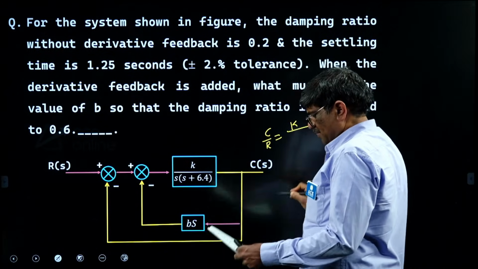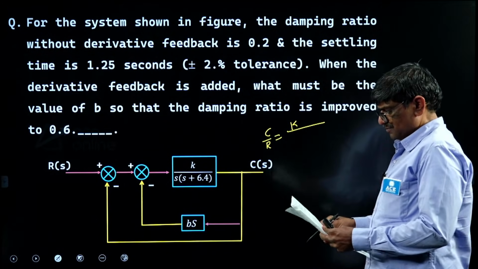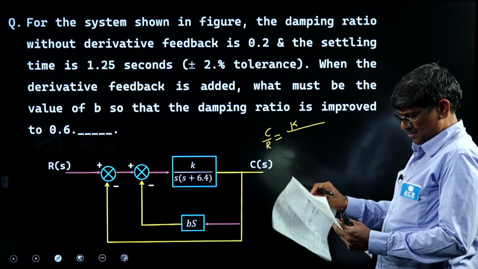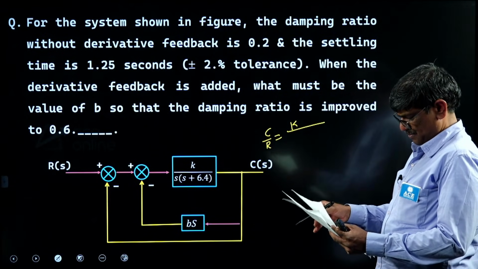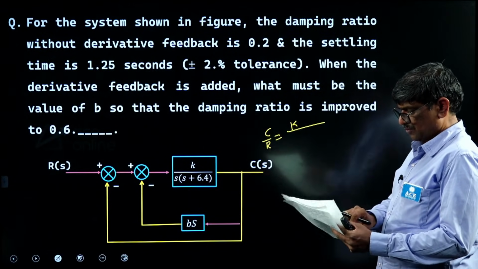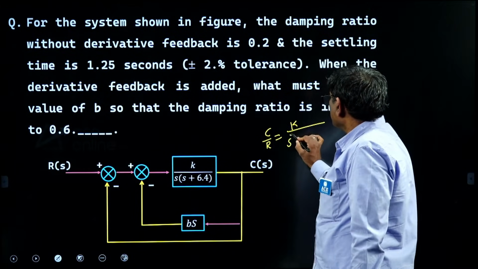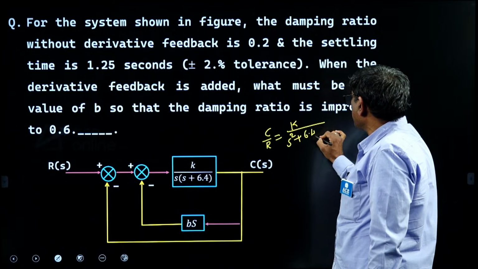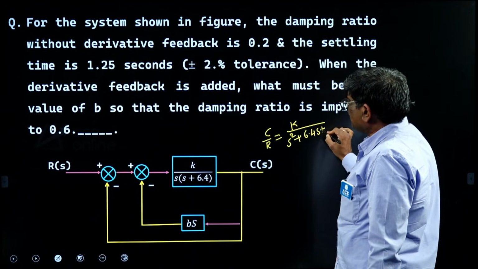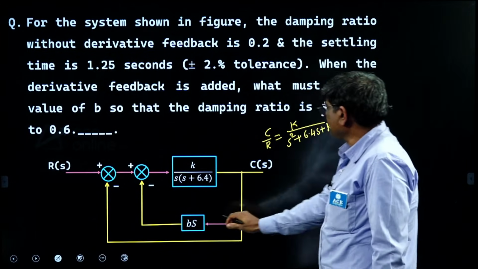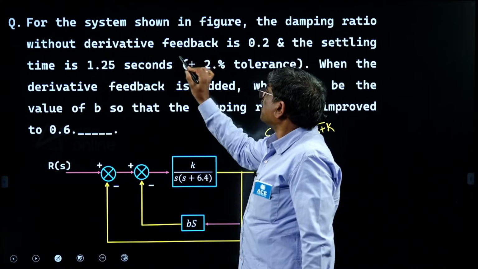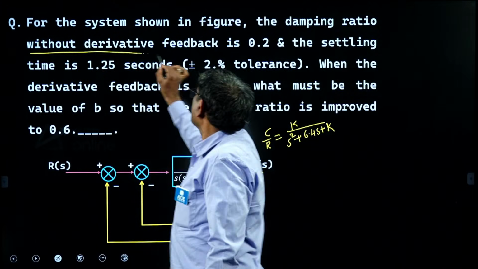K by S square plus 6.4S plus K. Yes or no? Derivative feedback is not there. I am doing without derivative feedback.